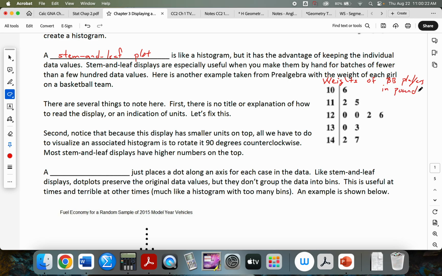Units are important. And then we should explain, and I usually just pick one off of here. I'll do like 13 | 3 is 133 pounds.